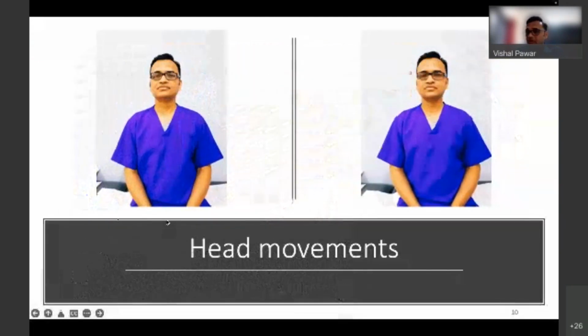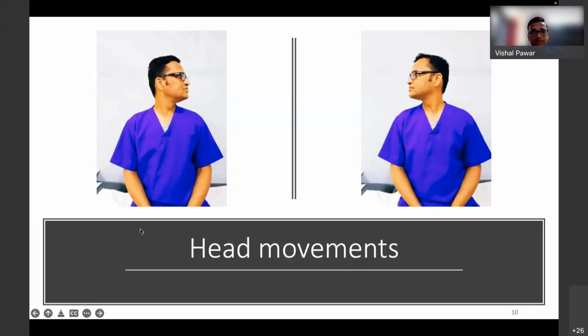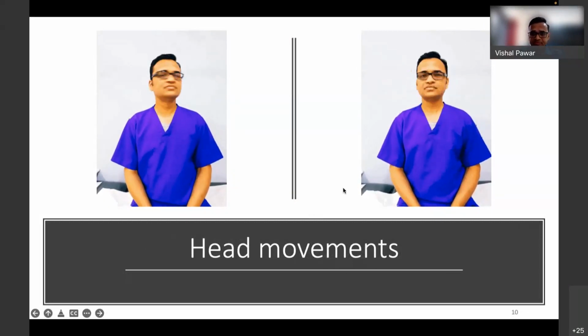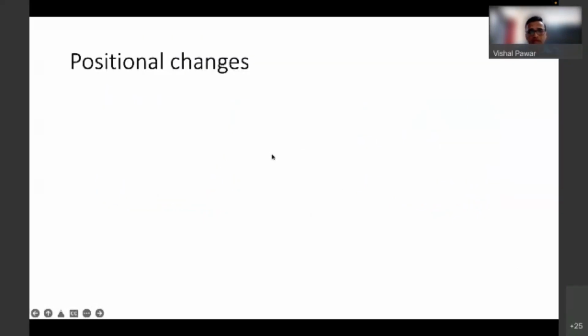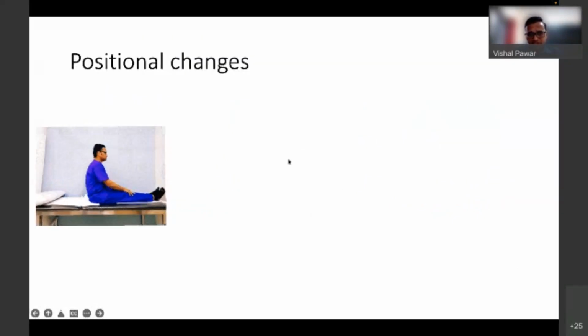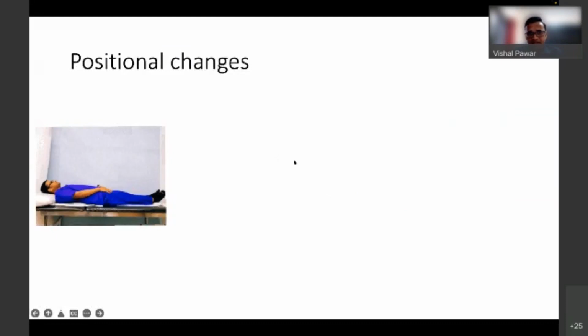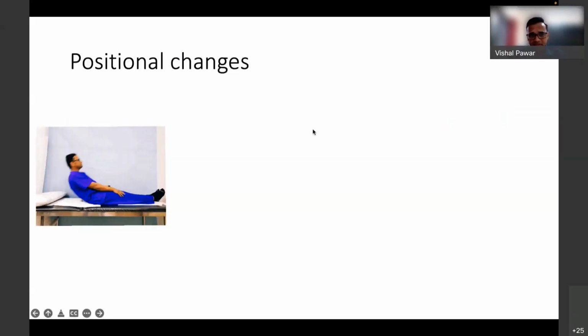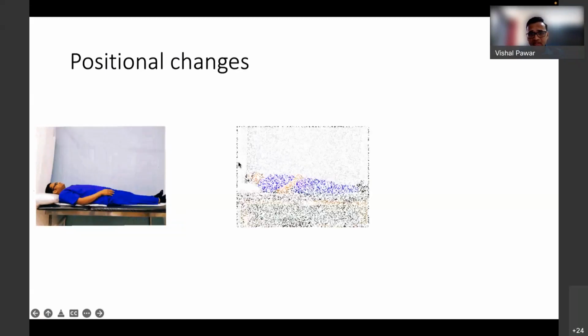And during head movements which are not in relation to gravity also, there is activation of the vestibular system. And of course, during positional changes, there is typical activation. For example, rising up from the bed or lying down, there is activation of the vertical canals.